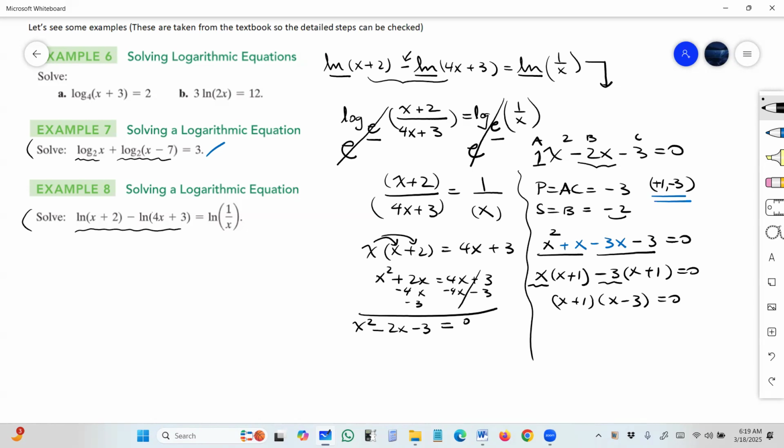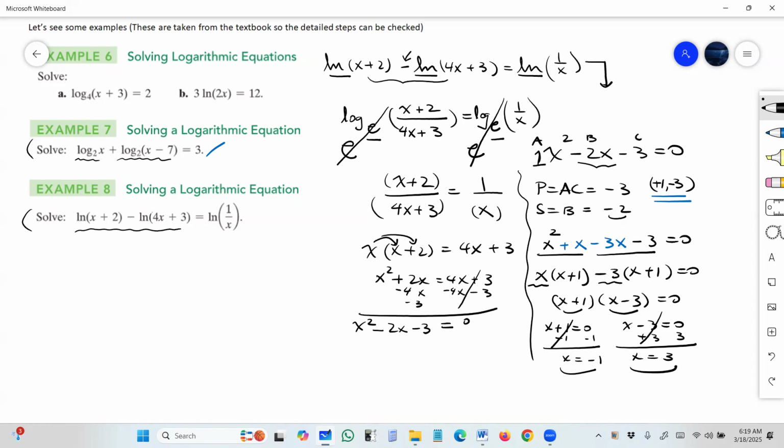So again, I'm left with two terms to apply the zero product rule. So set this to 0, solve for x, set this to 0, solve for x. So obviously, x plus 1 equals 0, x minus 3 equals 0, minus 1 on both sides, plus 3 to both sides. So again, I got two answers.